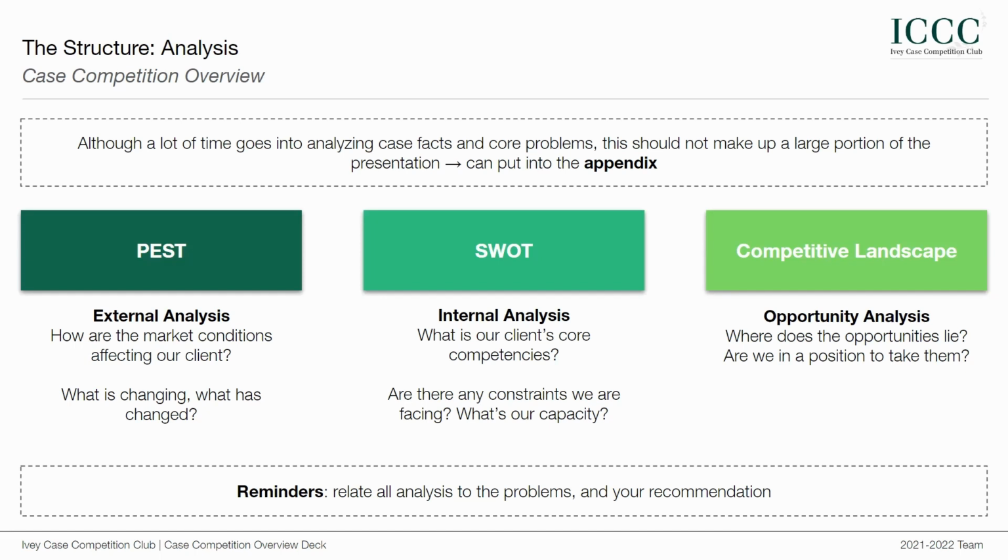For instance, if there's a lot of political turmoil, it could be risky to enter or conduct business in a region that is politically unstable, because regulations could be changing. There could be war or conflict that comes up that compromises your business. That's how you would use PEST and come up with insights.